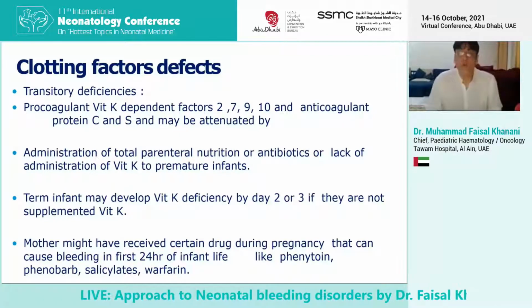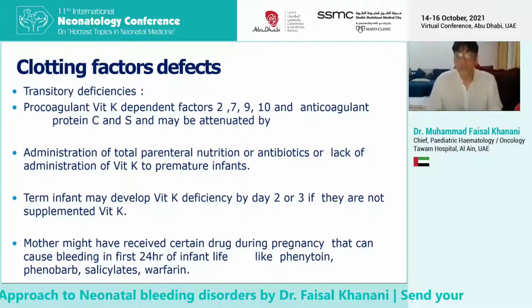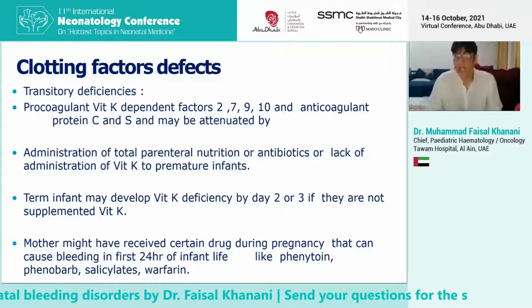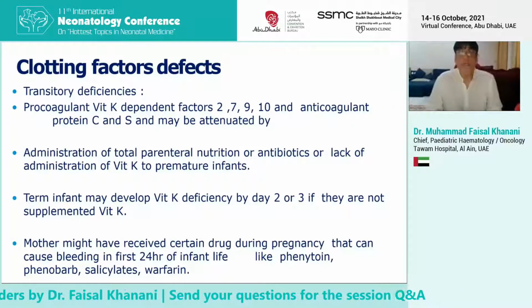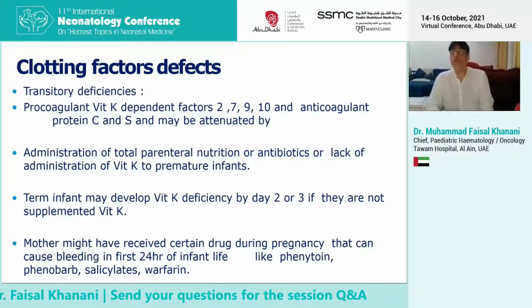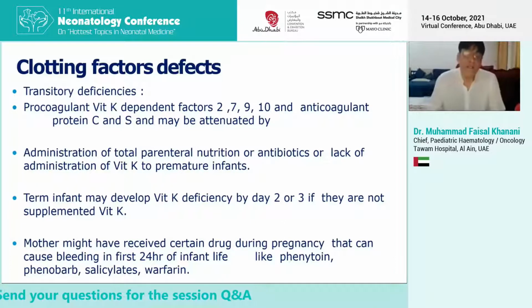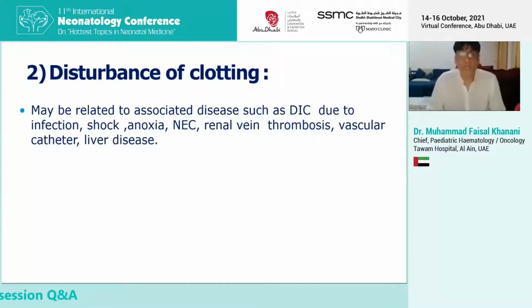Transient deficiency of procoagulant factors 8, 2, 7, 9, and of anticoagulants may be attenuated by total parenteral nutrition or antibiotics, or by lack of administration of vitamin K to premature infants. A term infant may develop it at day 2 or 3 if not supplemented with vitamin K. The mother might have received certain drugs that can induce vitamin K deficiency, as we explained, like phenytoin and phenobarbital.